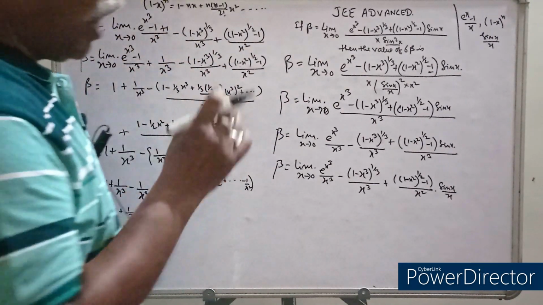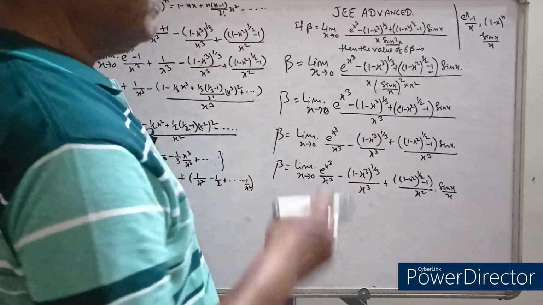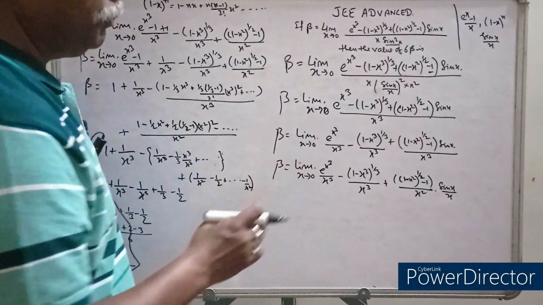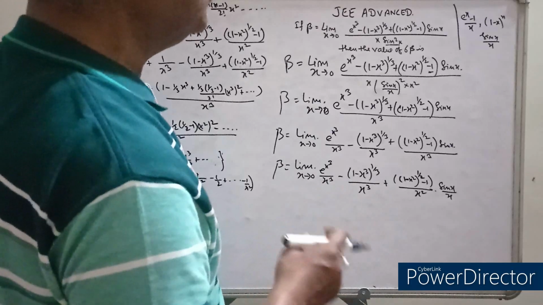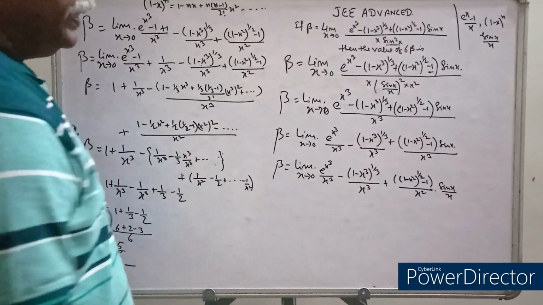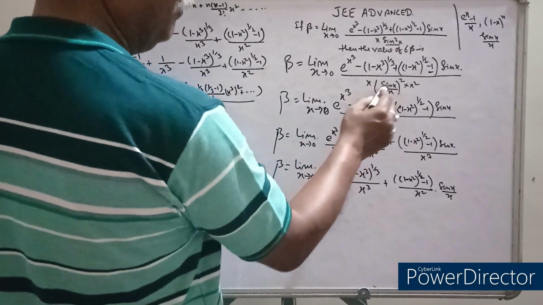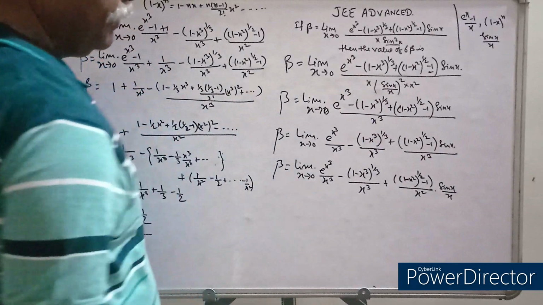Now how to utilize these formulas? First of all, I will try to minimize the terms as much as possible, and if you can minimize the terms, it becomes very easy to solve. So first of all, I try to remove this. To remove this, sin x by x the whole square into x square becomes 1.